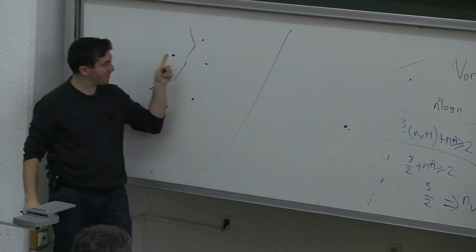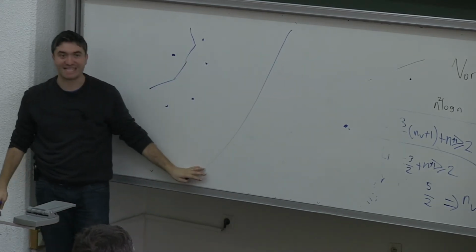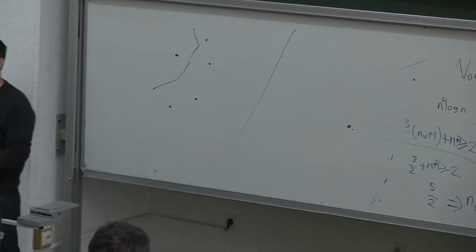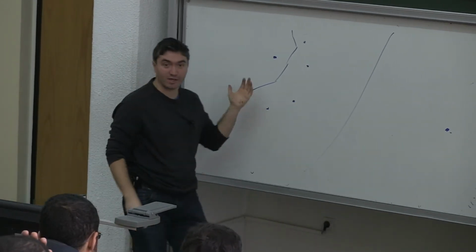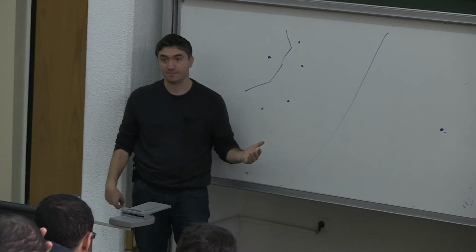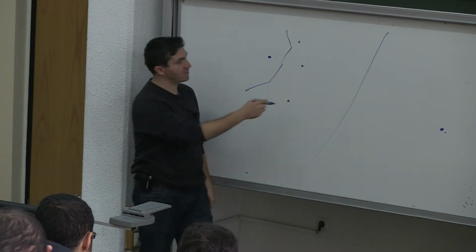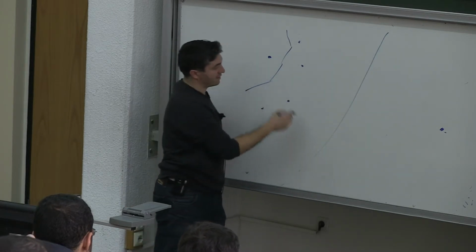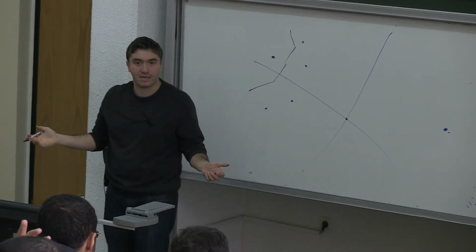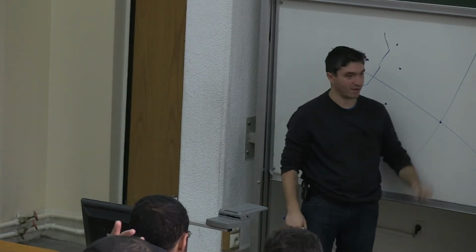This bisector here between this one and this one is never going to appear as an edge in the Voronoi diagram. So that's the main intuition. That's why the number of edges is not quadratic. Some bisectors are not going to appear as edges, and also some vertices, some intersections. For example, the intersection of this bisector with another bisector, this point here, is not going to also be a vertex in our Voronoi diagram. So we are not going to have n square vertices and n square edges.